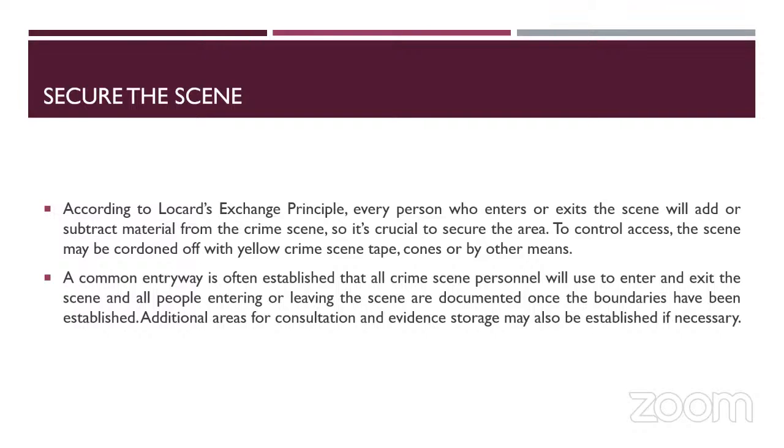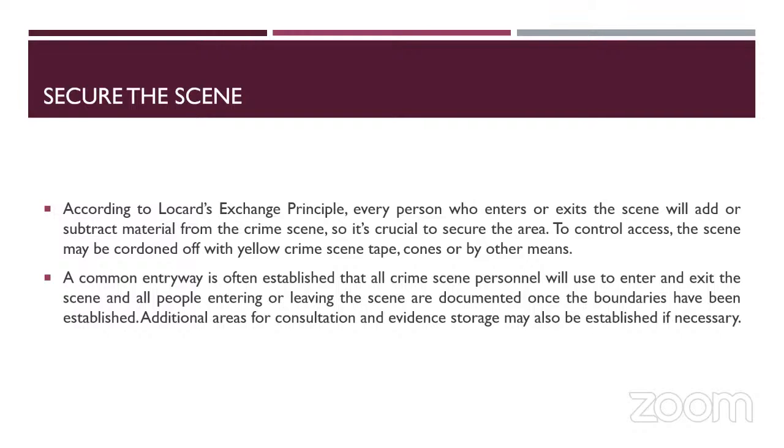Again, it becomes really important not to contaminate the area, but at the same time, the team of investigators have to come in and go out of the crime scene, right? So in order to prevent any contamination, what can be done is an entryway and exitway can be established.